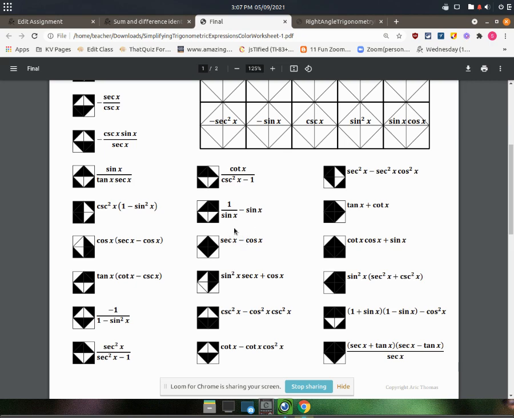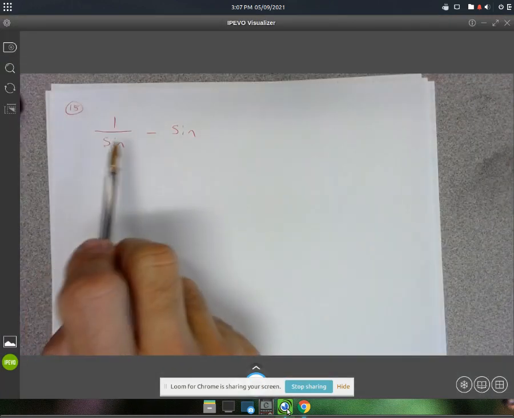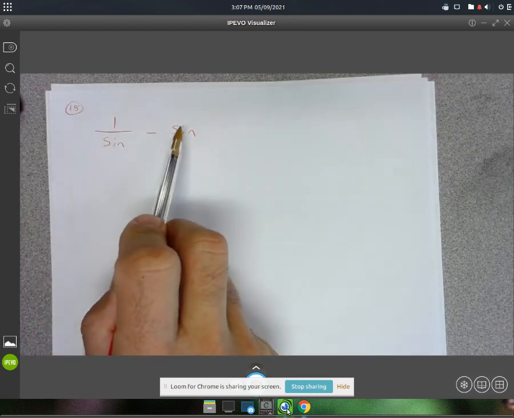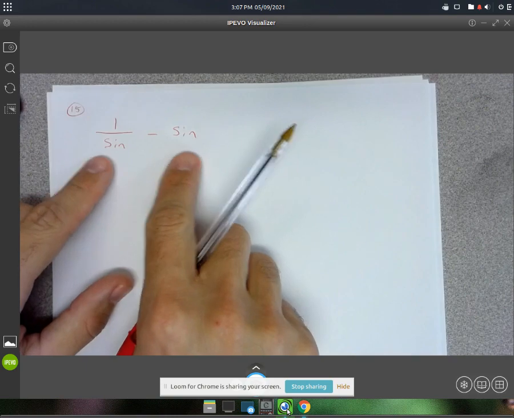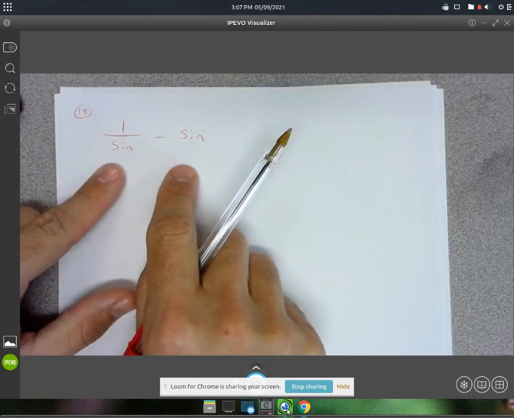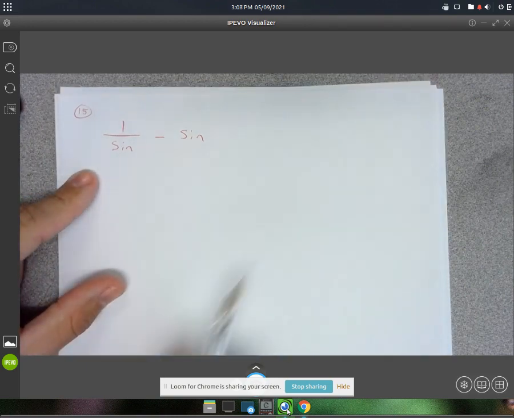Basically, you want everything to be one term. Maybe this one too. But you've got two terms, and since all of our answers just have one term, we need to end up condensing this down into one fraction or one piece.